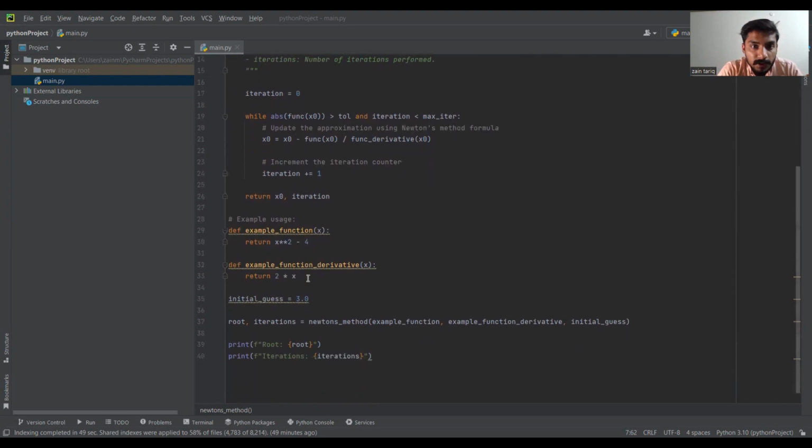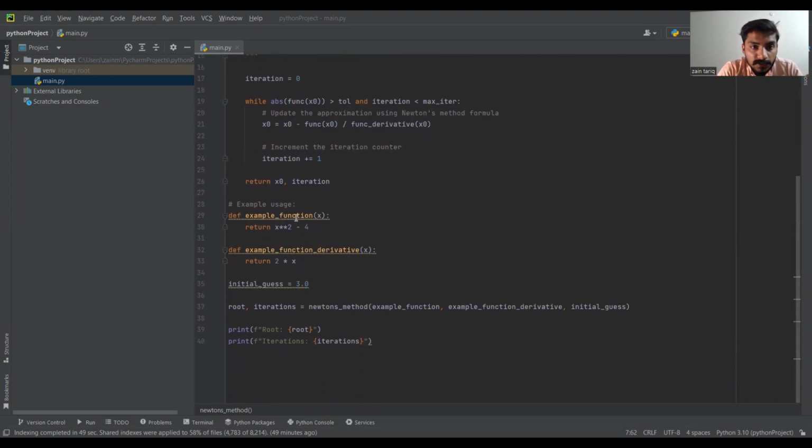So I have defined another function over here, that is example_function, and the formula I am using in this function is x power 2 minus 4.